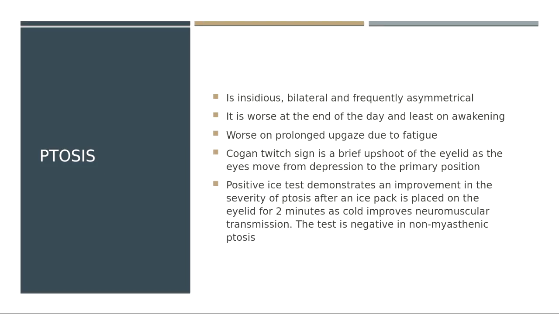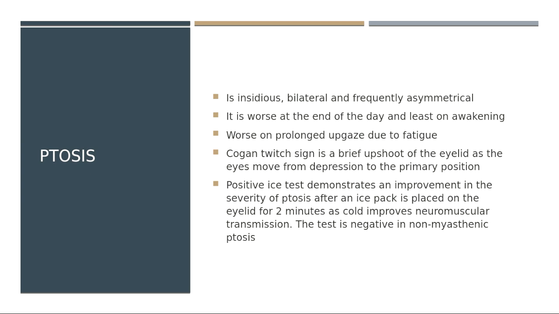Right, so the ptosis is usually bilateral and insidious, but frequently asymmetrical, okay? Worse at the end of the day, usually least on awakening, and worse on prolonged upgaze due to fatigue.